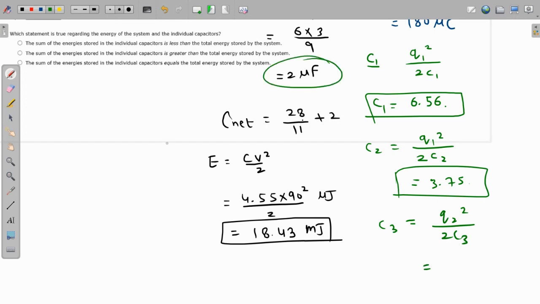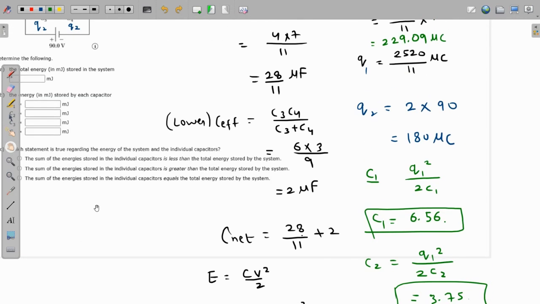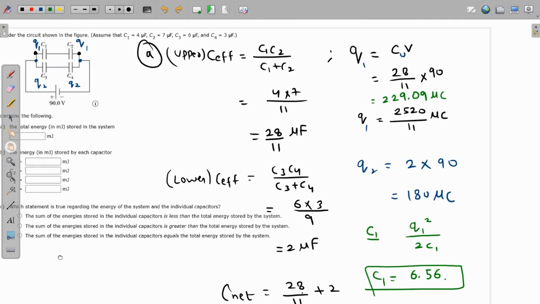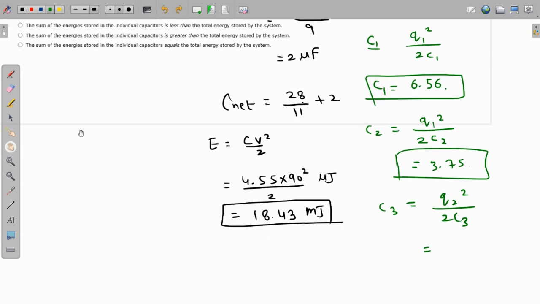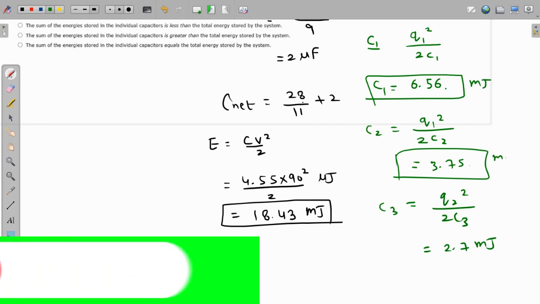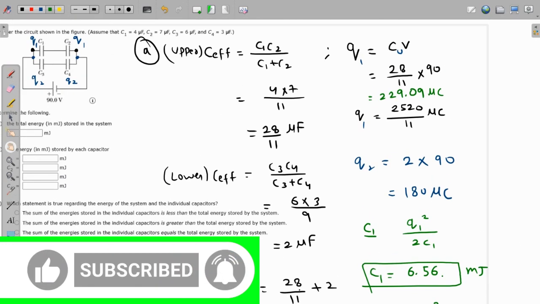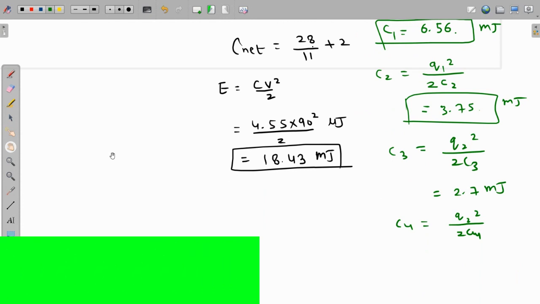Q2 is 180, so it's 180 square over 2 times 6. That is coming as 2.7 millijoules. Everything is in millijoules. And C4 will be Q2 square over 2 times C4, and C4 is 3, so that's coming as 5.4.